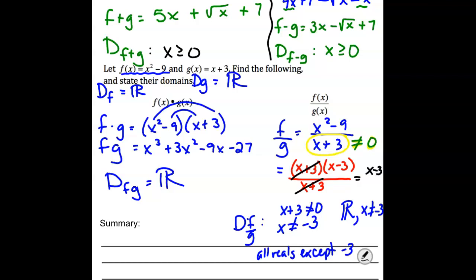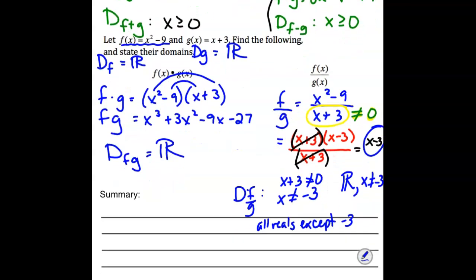It has to be matching exactly the whole quantity, so I'm really taking this whole chunk x plus 3 and dividing out that whole chunk x plus 3. So final answer, f divided by g is just x minus 3 with the restriction that x cannot be negative 3. Even though that part of my function dropped out, we still have to include that domain restriction because it was there from the beginning. We can't actually divide these two functions without restricting negative 3 from our domain.